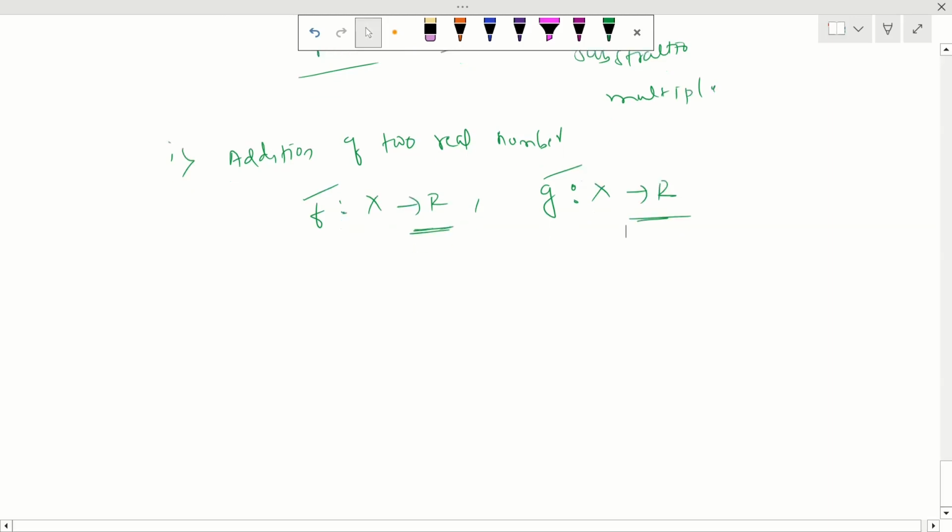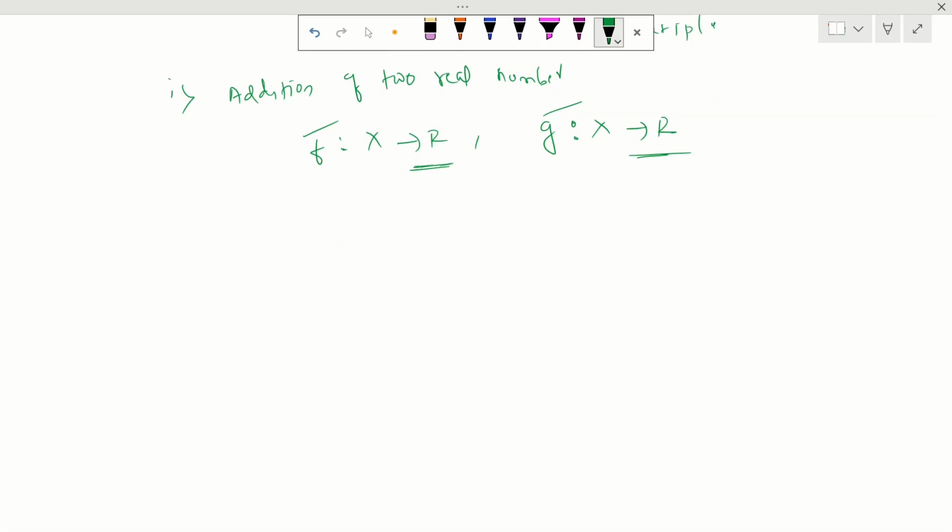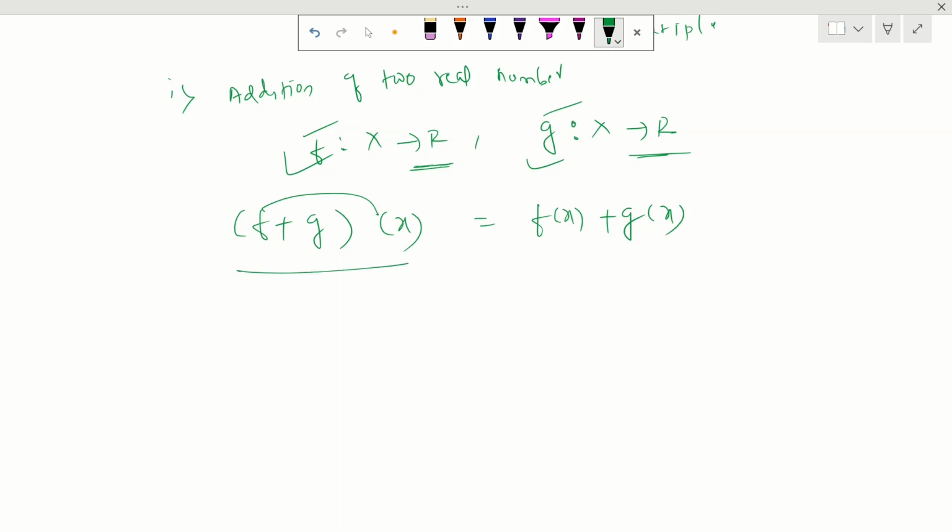When we add f plus g, with respect to x, how can we write this? f plus g of x is f of x plus g of x, and f plus g also belongs to function relations.